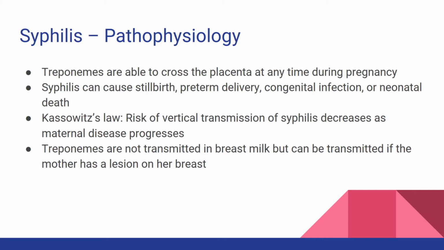An untreated infection within the first or second trimester often leads to significant fetal morbidity. Meanwhile, infants who are infected within the third trimester are more likely to be asymptomatic. Most common cause of death, interestingly, for syphilis is actually placental infection leading to decreased placental blood flow, not necessarily systemic syphilis for the infant.